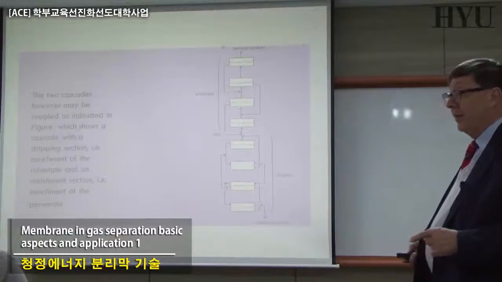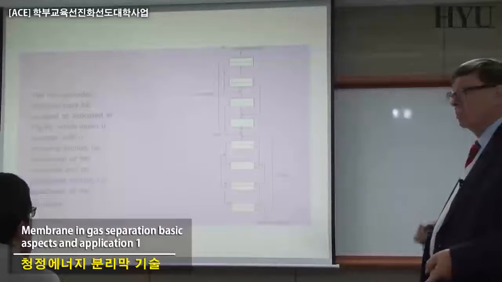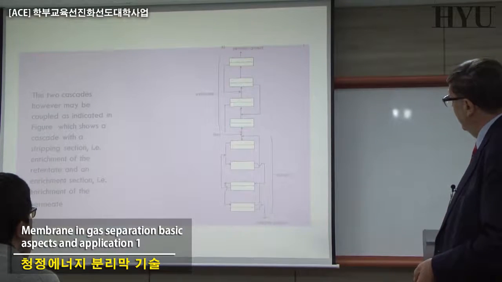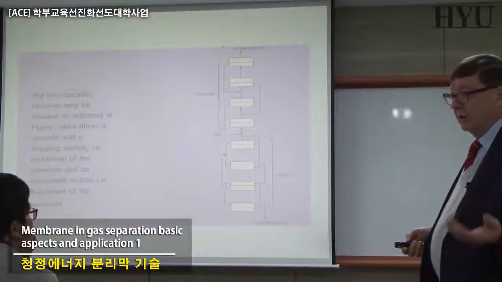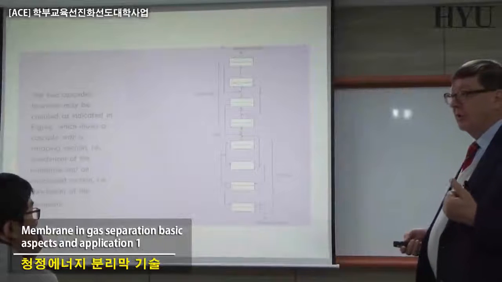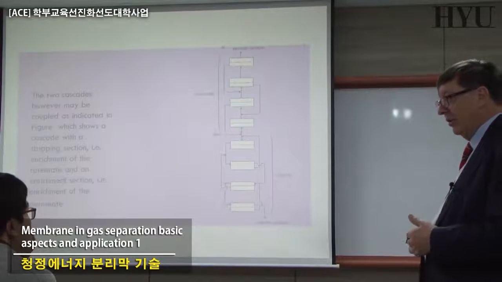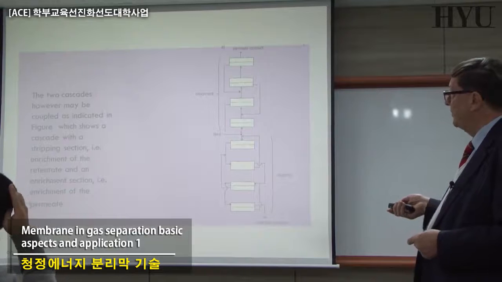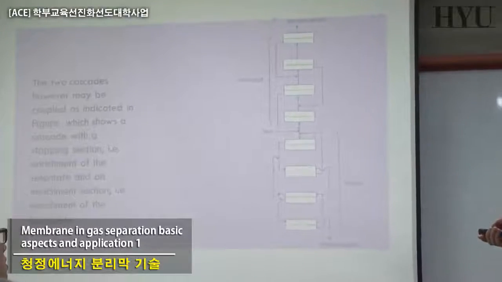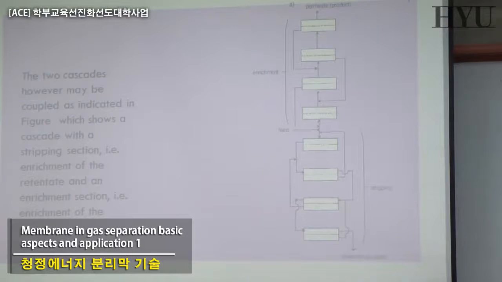What is interesting now is that if you are smart and you want to solve the problem, you can also try to combine the two. This is a way to approach very closely the traditional distillation column. If there is anybody expert in distillation, that's what distillation means: traditional distillation, cryogenic distillation, etc. The combination is that you can put together the two cascades, and you have a stripping section, that means enrichment of the retentate, and an enrichment section, actually enrichment of the permeate, in one part and the other.